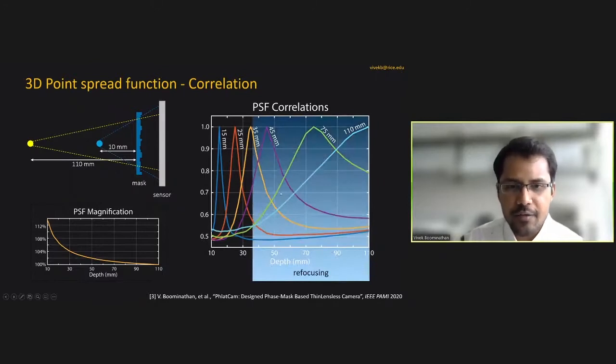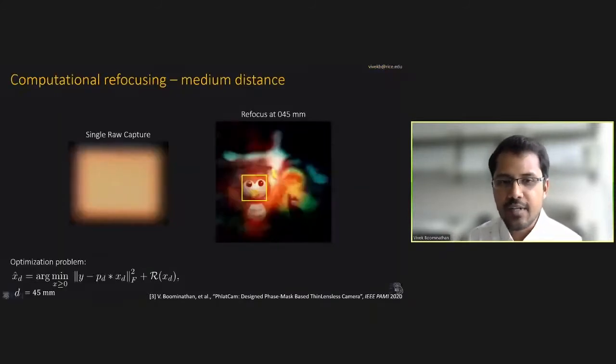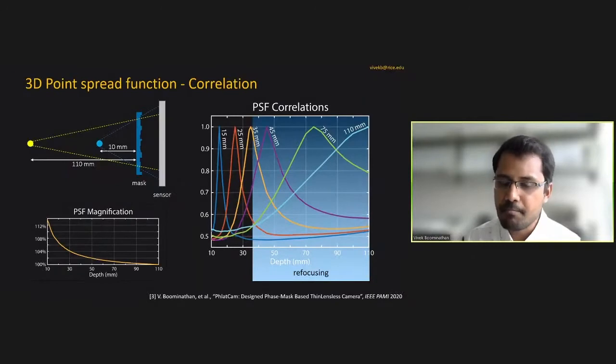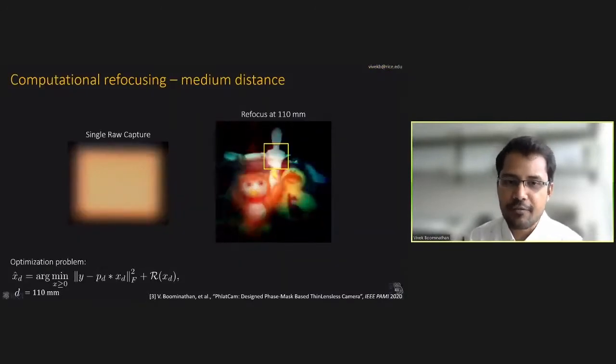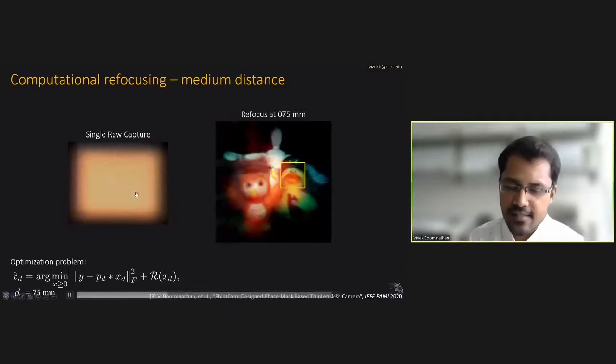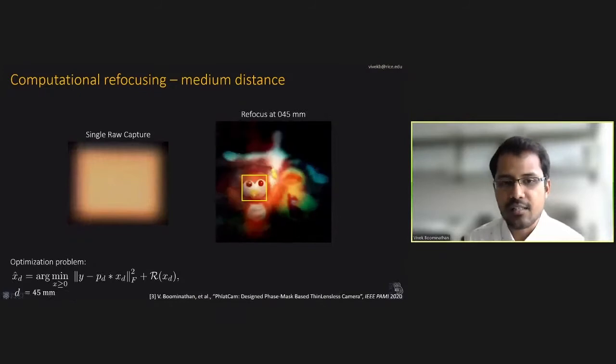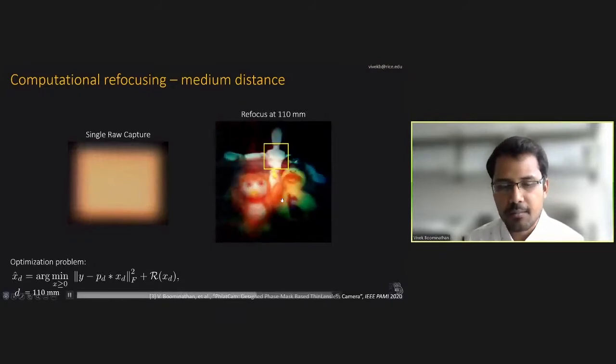In this case, when we look at the correlation between point spread functions at medium level depth, we can see that the correlation basically has a broader width, which means we can't directly detect depth probably, but we can actually do refocusing. So here is an example of refocusing at 3 different depths. We capture a single image, but then computationally refocus at the front, the middle, and the back.